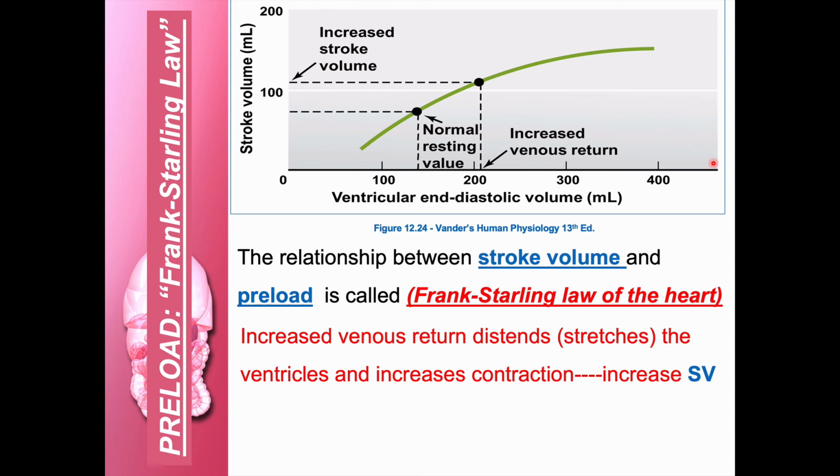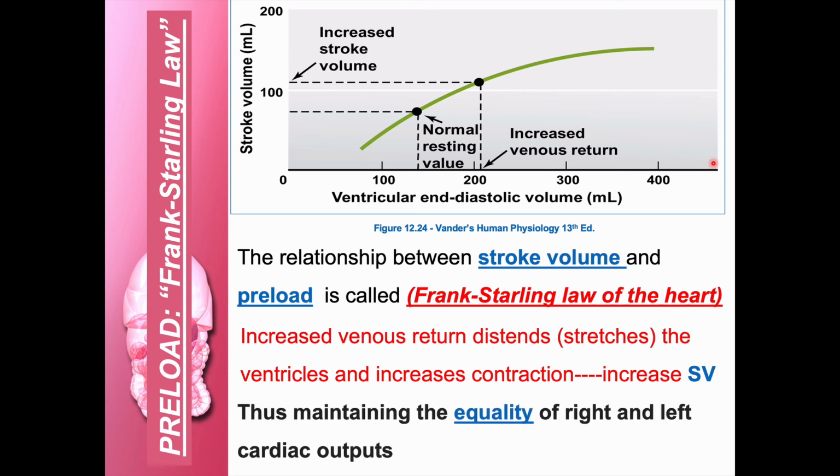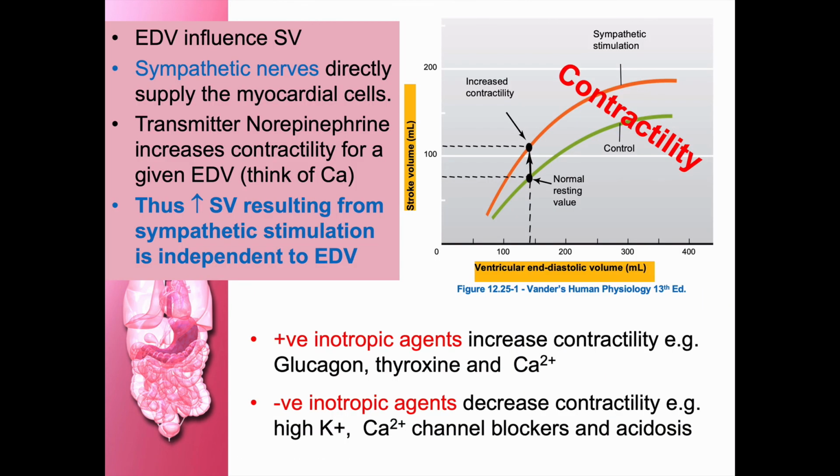The increased venous return stretches the ventricles and increases contraction, thus maintaining the equality of right and left cardiac outputs. This is how the cardiac output in the right heart and the left heart is balanced.